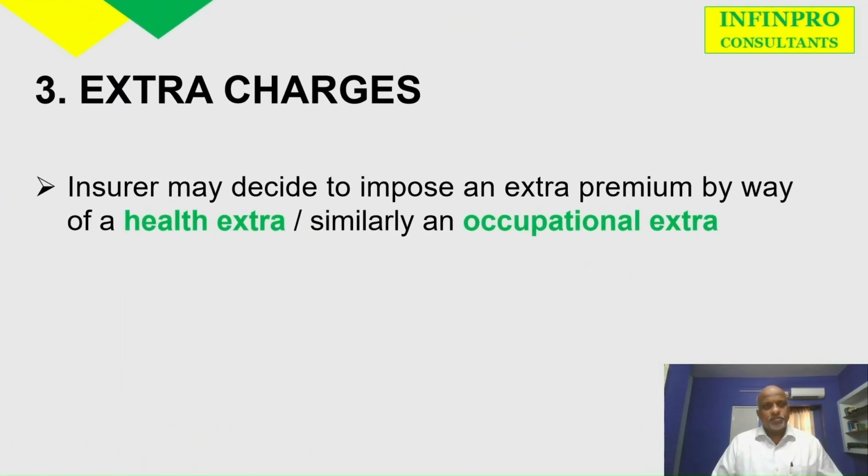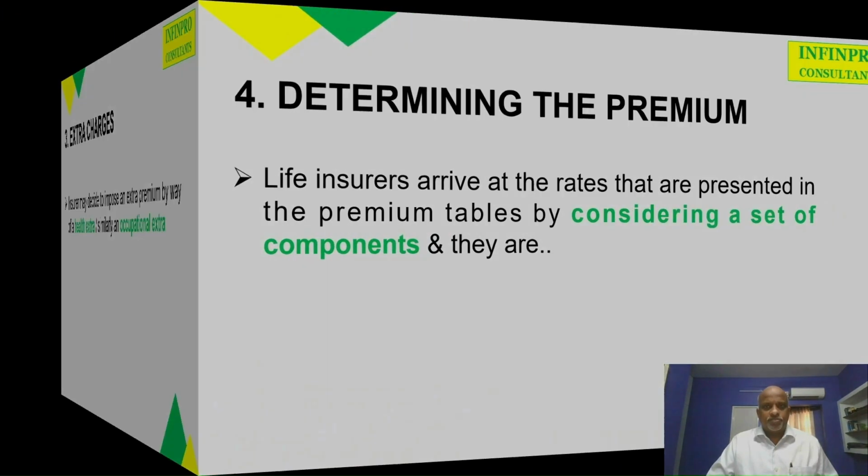So there will be a premium which is levied extra for this customer who has a health condition, and we call it a health extra. Similarly, for somebody who is working in a riskier, hazardous job, an additional premium is levied for these types of customers, and we call that premium an occupational extra.